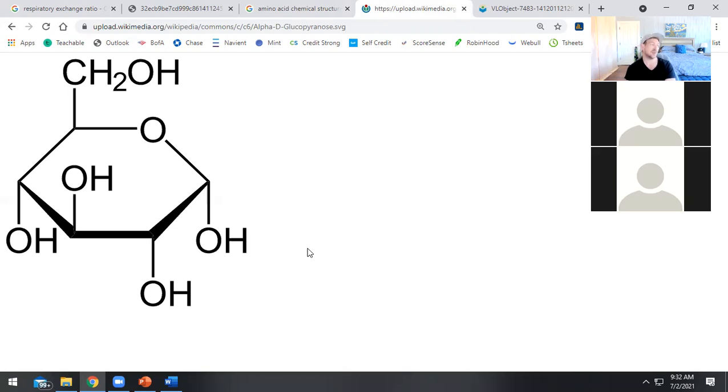So if your body goes, well, I want glucose, and we've got all this extra protein laying around, it will turn the amino acids into glucose molecules. And then it's just going to go through the normal glucose metabolism, right through glycolysis into the Krebs cycle, into the electron transport chain.